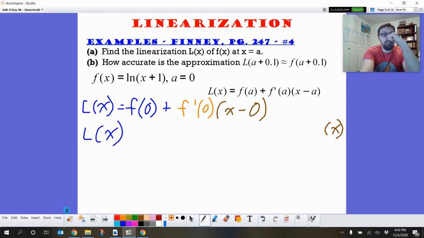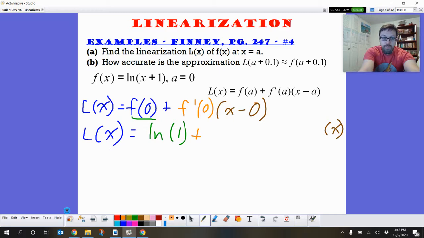So L of x, we need to do f of 0. So this is going to be the ln of 1, because we do 0 plus 1. Then we need to do the derivative of f of x, and plug in 0.